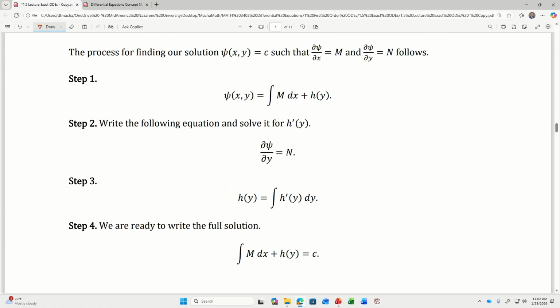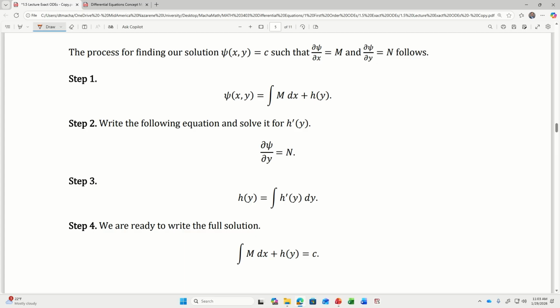Okay, so finally the process. How would I actually find this solution? Well, step number one is we're going to say the function psi is going to be the antiderivative of m with respect to x. And that should make sense because the partial of psi with respect to x is equal to m, and so I should just take the antiderivative with respect to x.